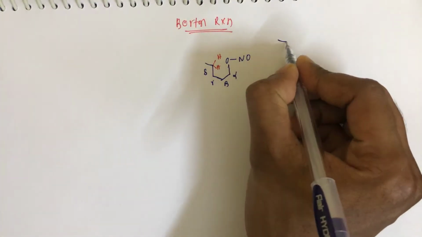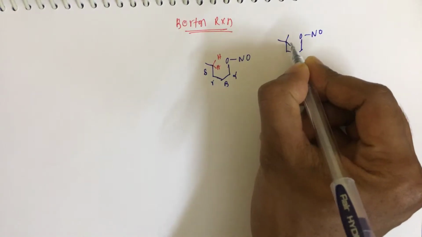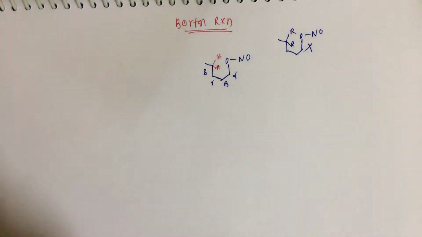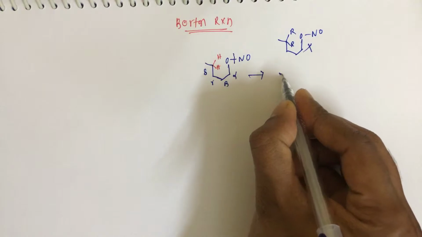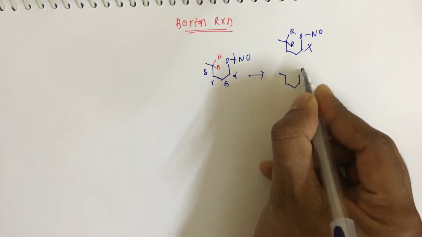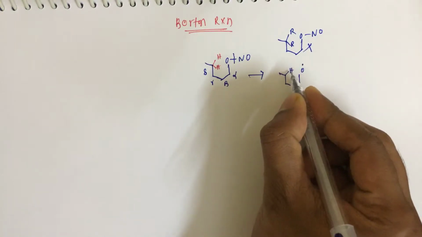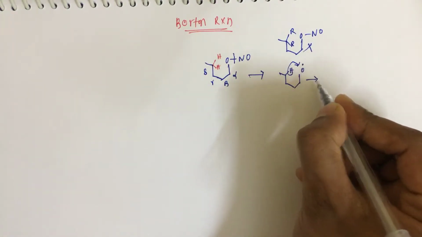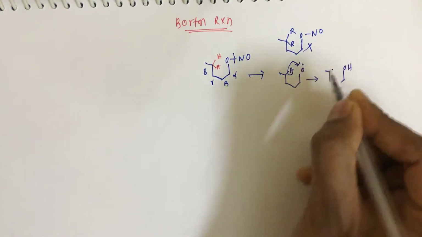If we have this kind of compound R, in this case Barton reaction is not possible. So in the first step the cleavage of nitrosyl group takes place and it forms a radical here, and from the delta carbon the hydrogen will shift from here to oxygen, and this will be an OH and this will be a radical.